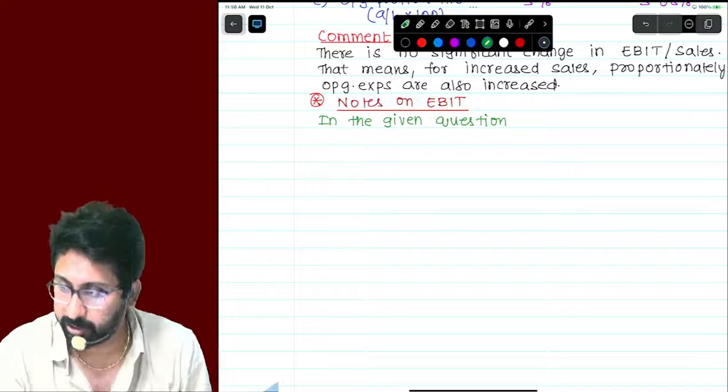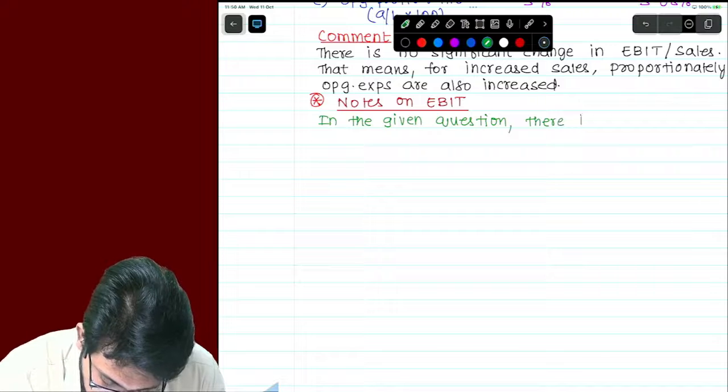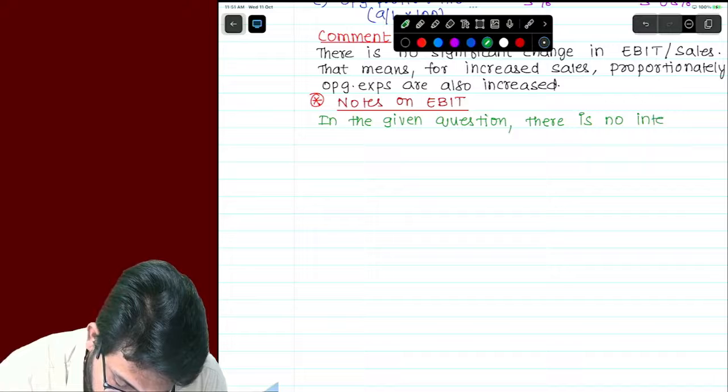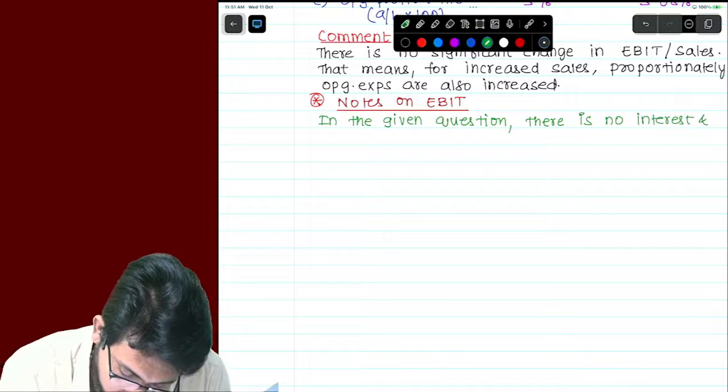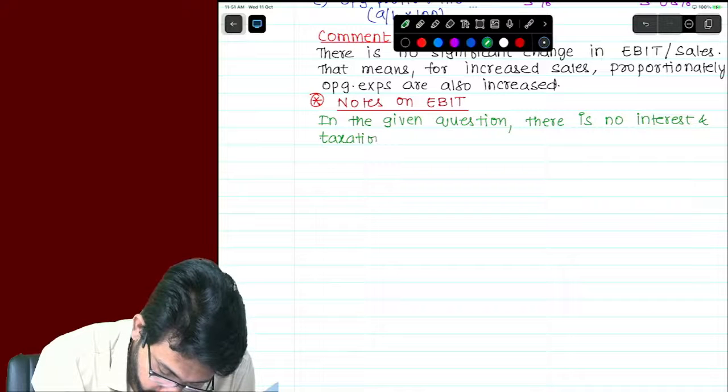In the given question, there is no interest and taxation.